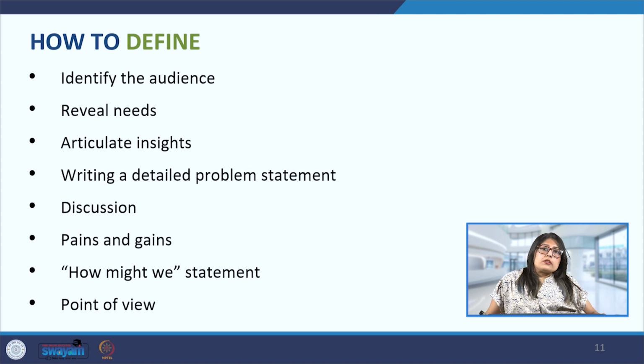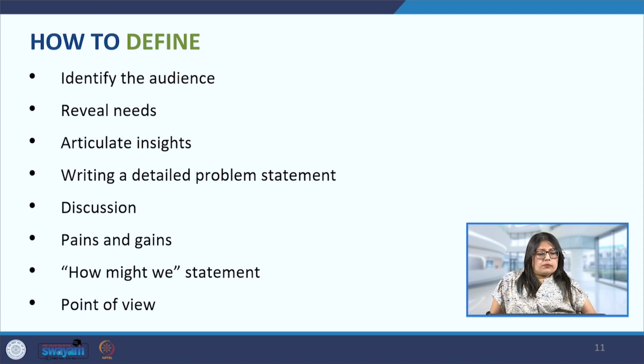Even something that works in our country for someone in the town may not work at the village level, or what works in the city may not work at the town level. So we have to understand who our audience is, and for that reason the context becomes really important.